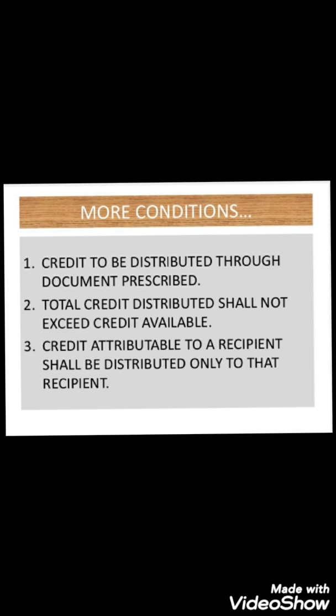The other conditions are that credits are to be distributed through the prescribed document, and total credit distributed shall not exceed the credit available, which means that the amount which we are distributing to all our branches should not exceed the credit available for those particular branches.